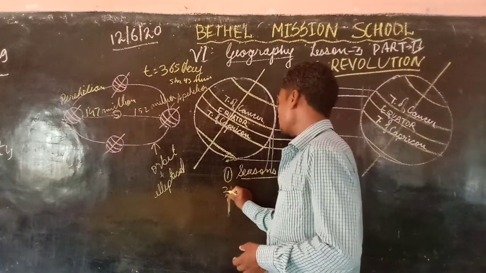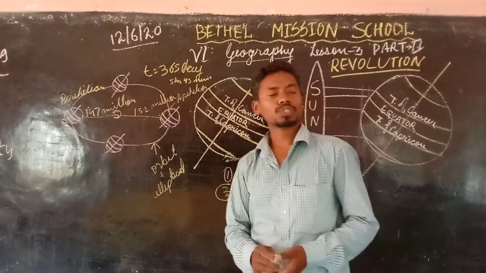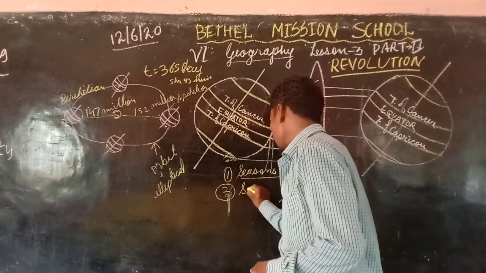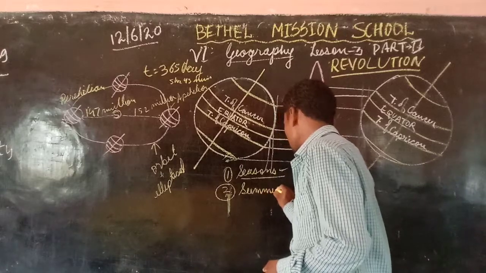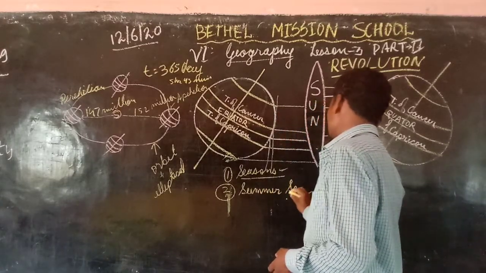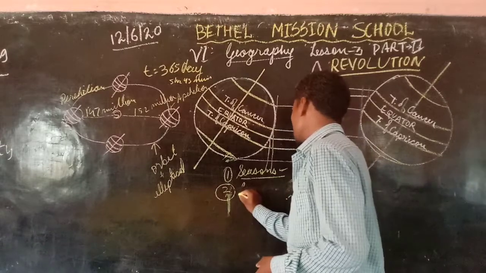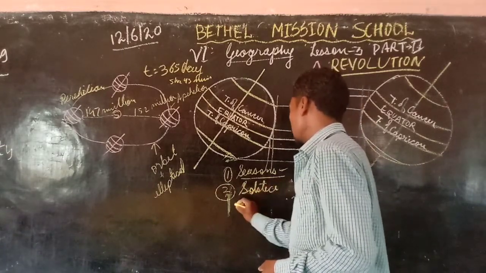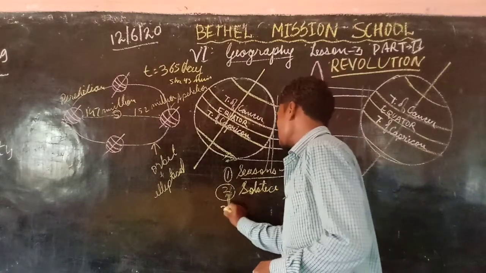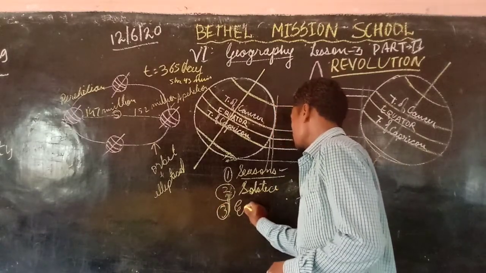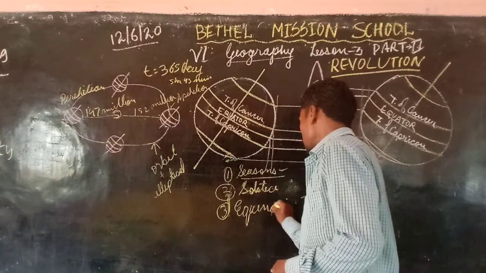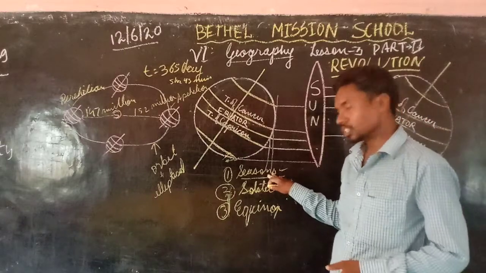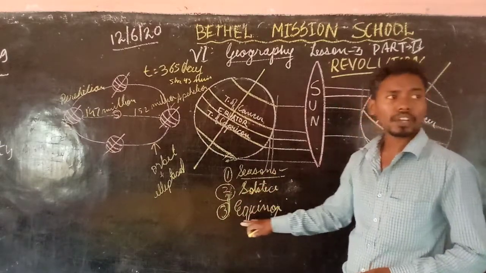Now, one of the other effects of our revolution is the solstice, and the third one is the equinox. First is the change in seasons, then we have solstice, and then we have equinox.